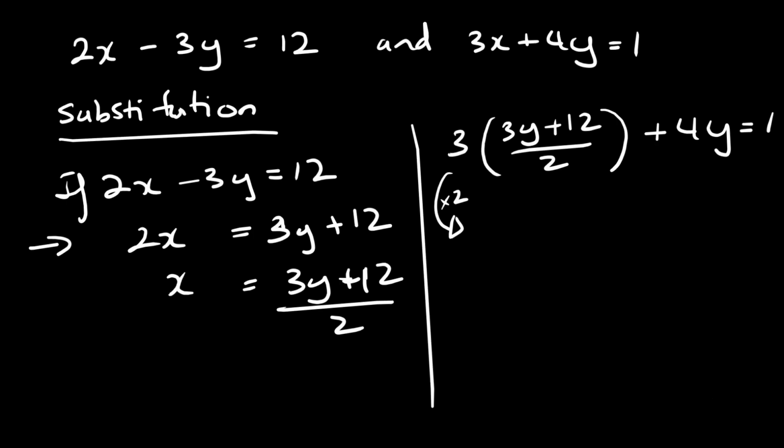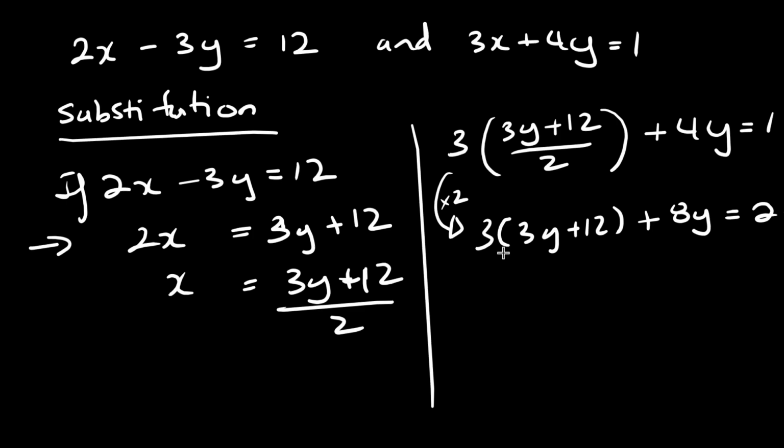Let's expand this properly. So when we multiply this by 2, we should have had 3 times (3y plus 12), but I did not multiply by 2 here. So this should have been 8y, and this should have been 2. Good.